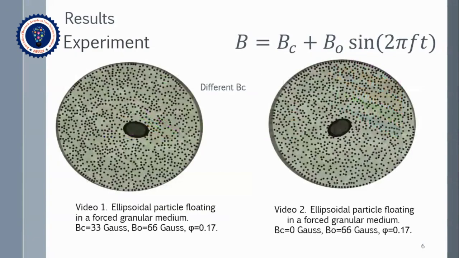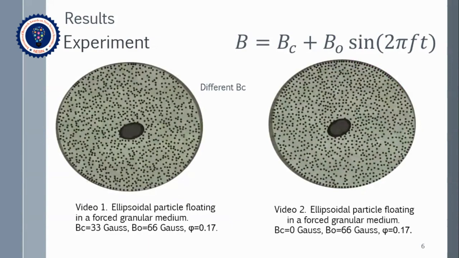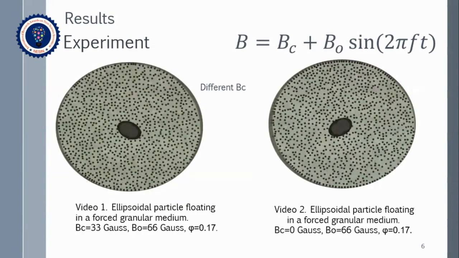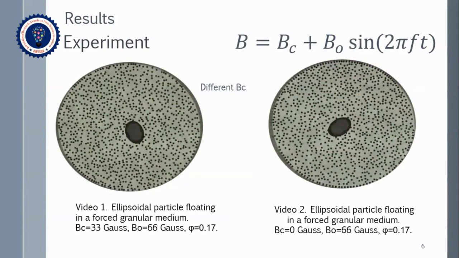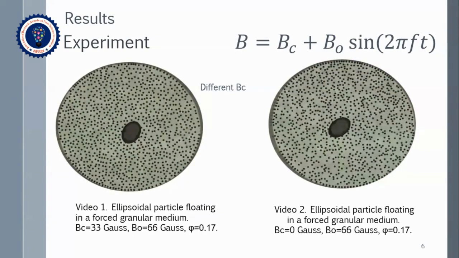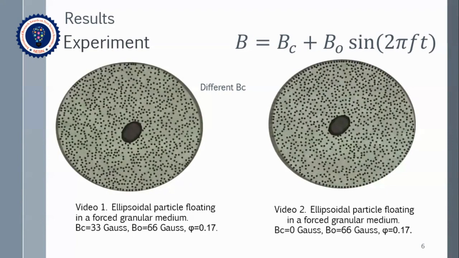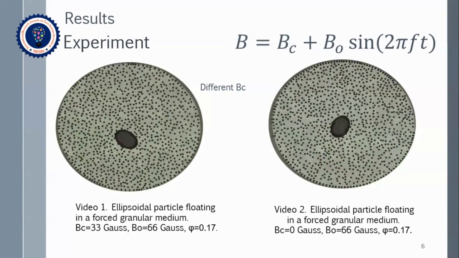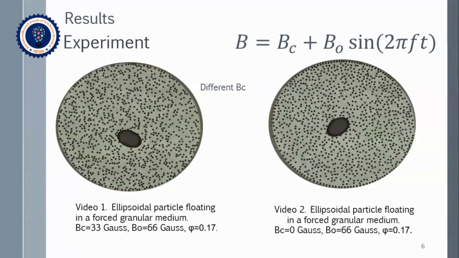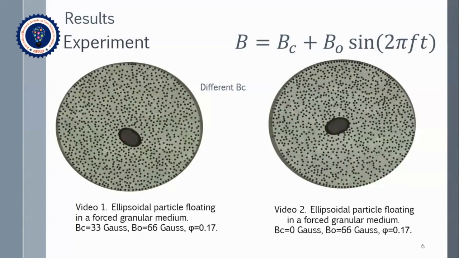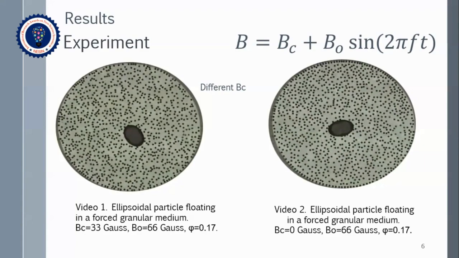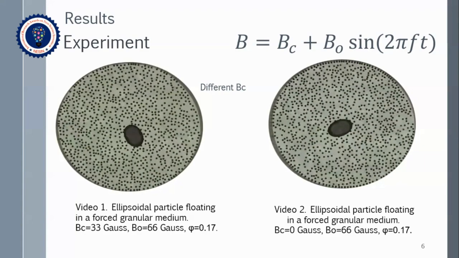Now we present an extended study showing different conditions of the thermal bath, and we study the motion of the ellipsoidal particle. Here we show a comparison of a video where the thermal bath has different effective repulsive interaction. The value of V sub C is different.